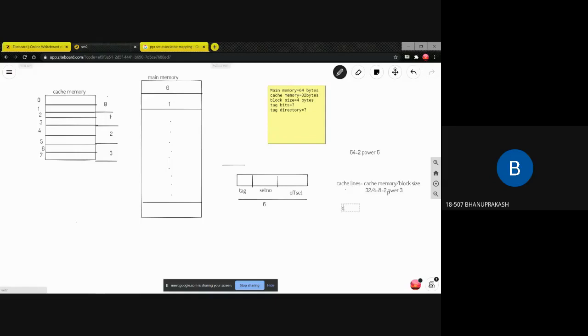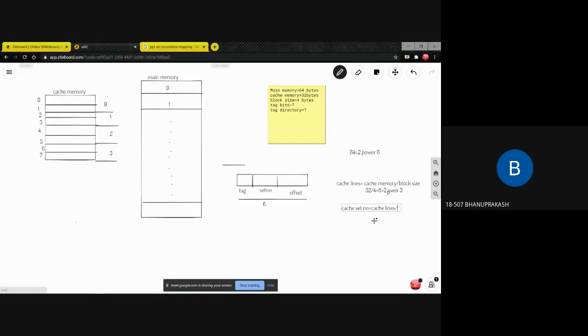The second thing we should calculate is the number of cache sets. We have cache lines equal to 8, numbered 0 to 7. How many sets are going to be there? That is cache lines divided by set size.